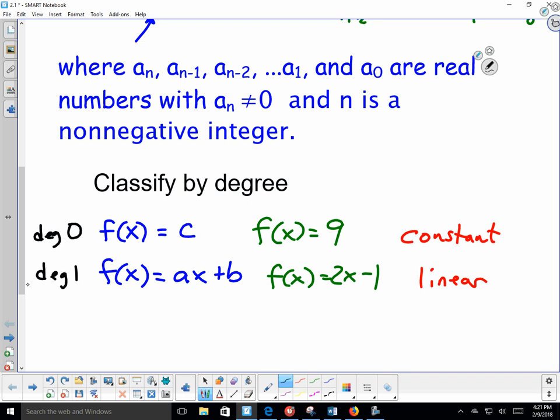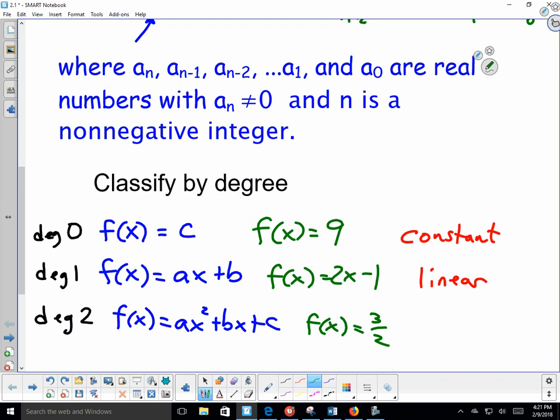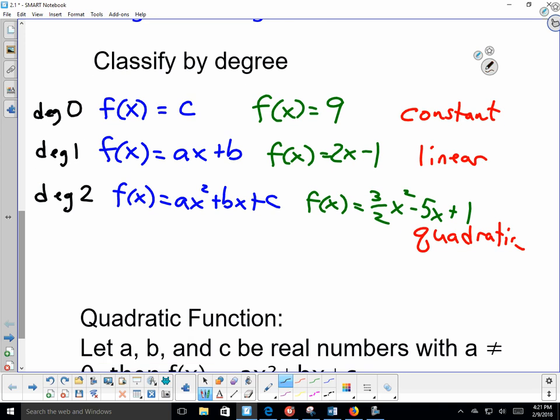That's a linear function. A degree 2 would look something like f of x equaling ax squared plus bx plus c. An example of that might be f of x equaling 3 halves x squared minus 5x plus 1, and that would be an example of a quadratic function. If we go up to a degree 3, that would be a cubic function.